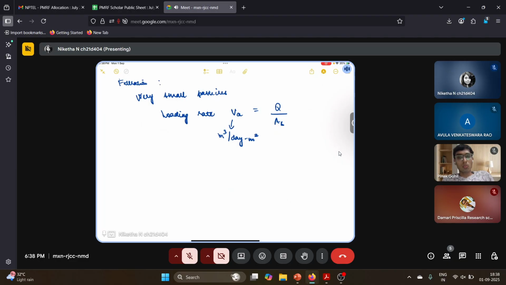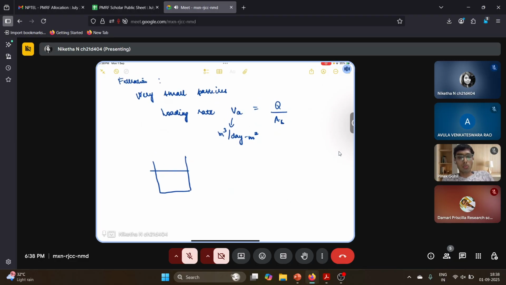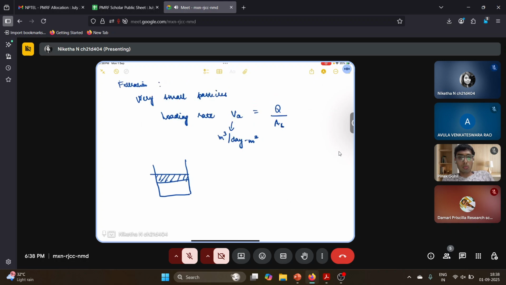So you imagine there is a filter like this, and assuming this is your filter media, and you have water coming from the top, and this is going to be the cross sectional area of the filter.